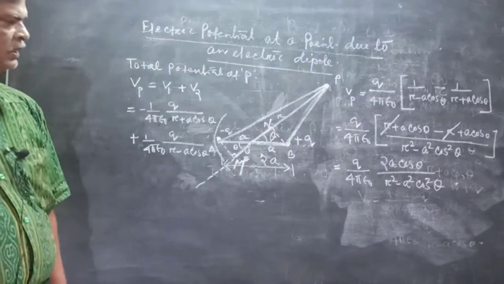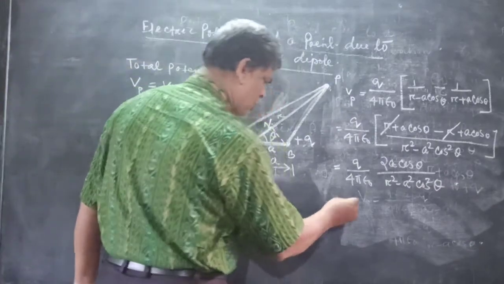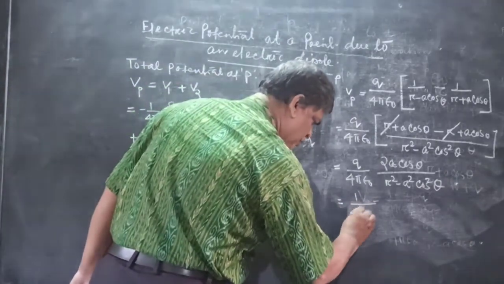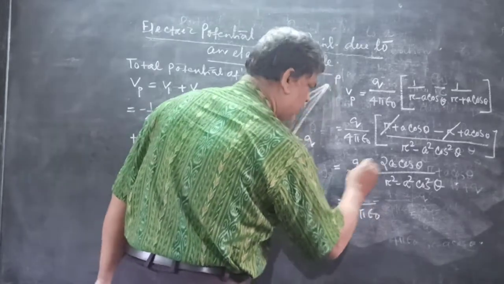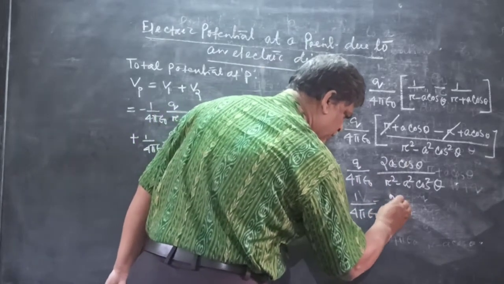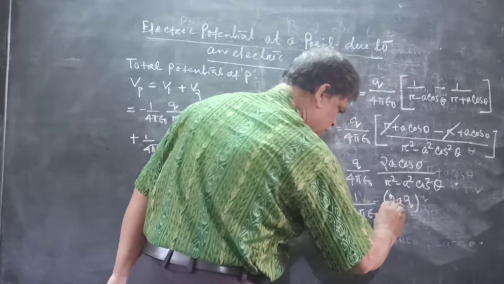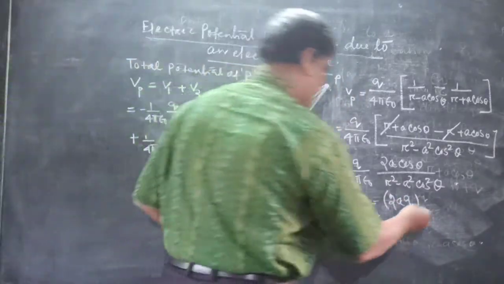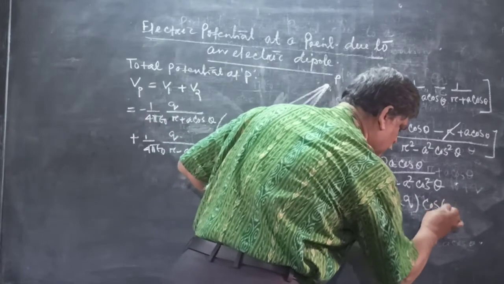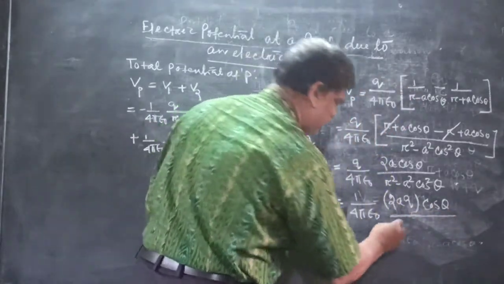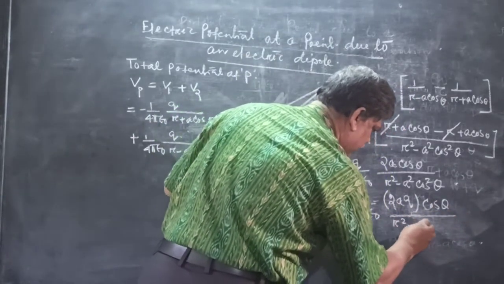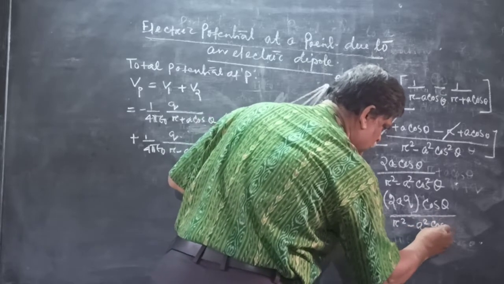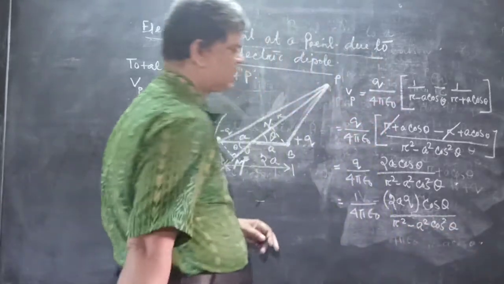Clear? So this can be written as 1 by 4 pi epsilon 0, then we take 2AQ cos theta divided by R square minus A square cos square theta. Clear?